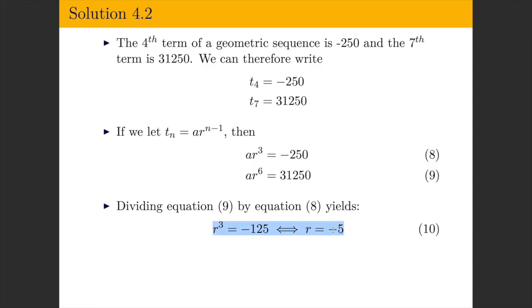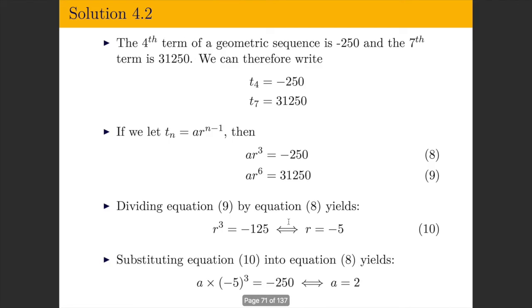Solving this equation gives r equal to -5 by taking the cube root. Then we can substitute the fact that r is equal to -5 into the first equation. It gives us A times (-5) to the power of 3 is -250, which gives us A is equal to 2.